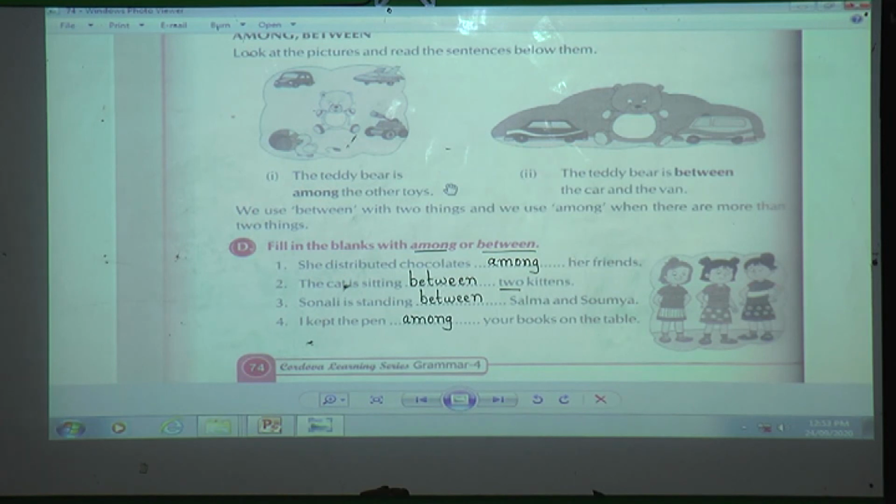Done, students? Have you written? You have to learn the spellings of among and between. Anyhow, it will be there in the question. And in this way, we have finished our exercise D also.